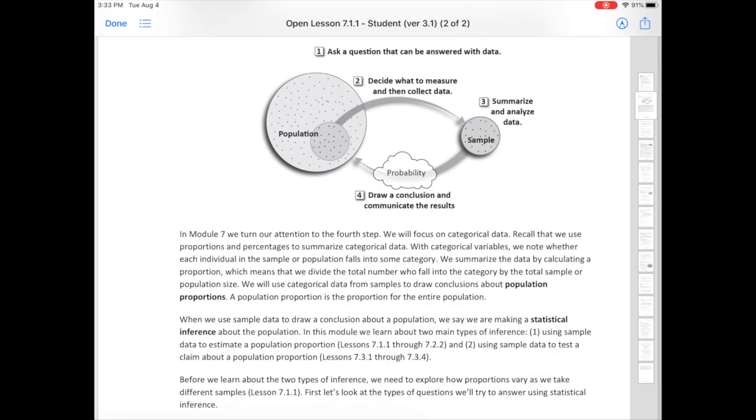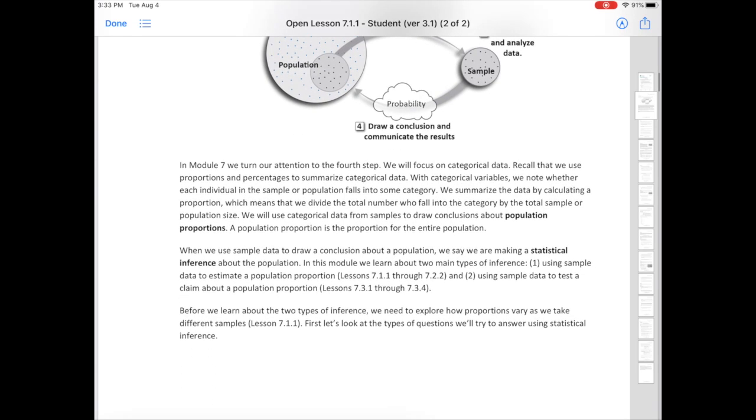And the second is using sample data to test a claim about a population proportion. That's going to be lessons 7.3.1 through 7.3.4. Before we learn about the 2 types of inference, we need to explore how proportions vary as we take different samples. First, let's look at the types of questions that we'll try to answer using statistical inference.